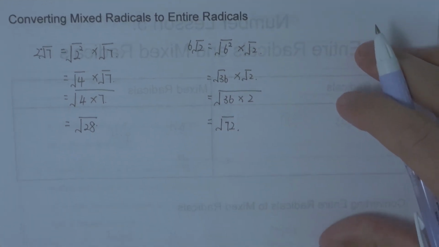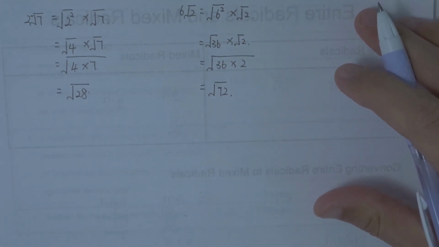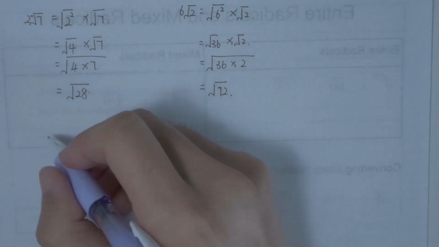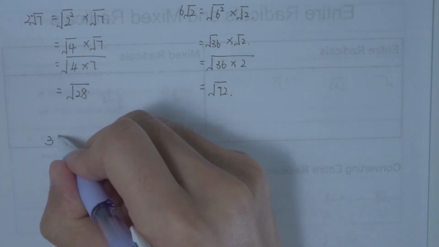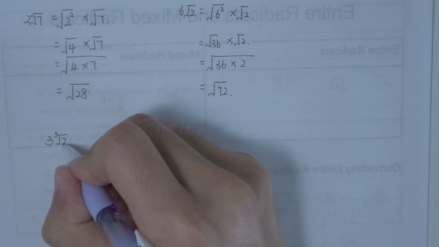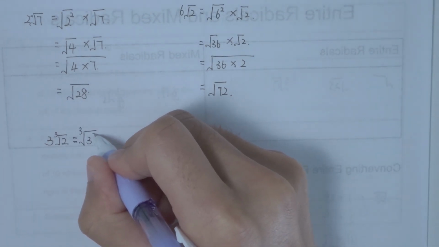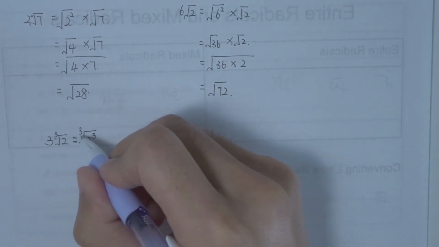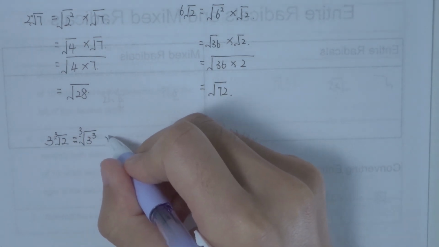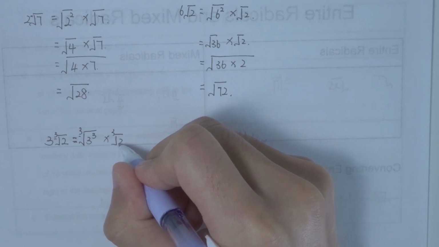Now I will show you 2 more examples about cube roots. The first one is 3 cube root of 2. We write cube root of 3 to the power of 3, because the index is 3, times cube root of 2.